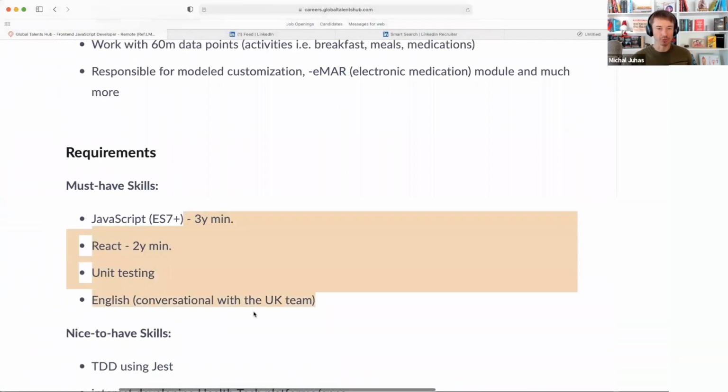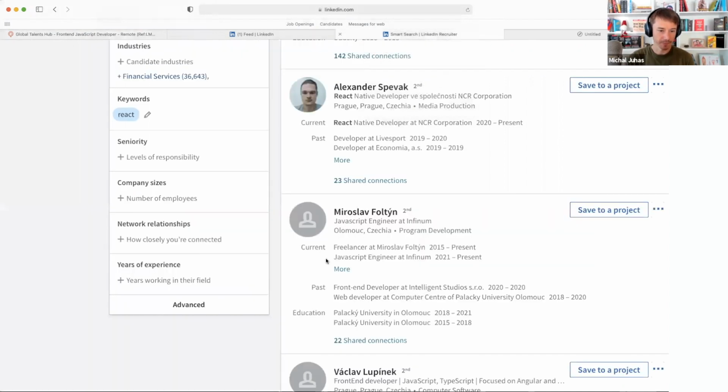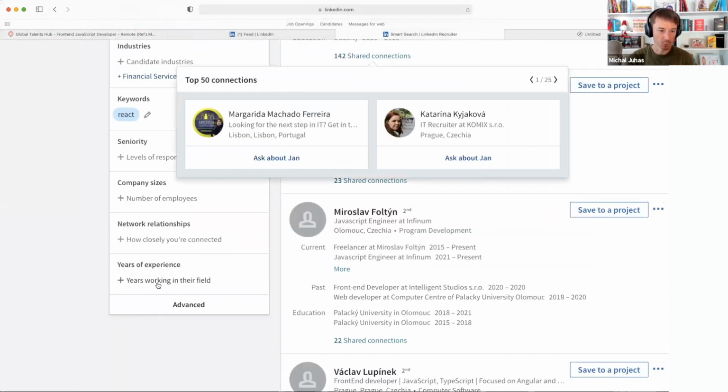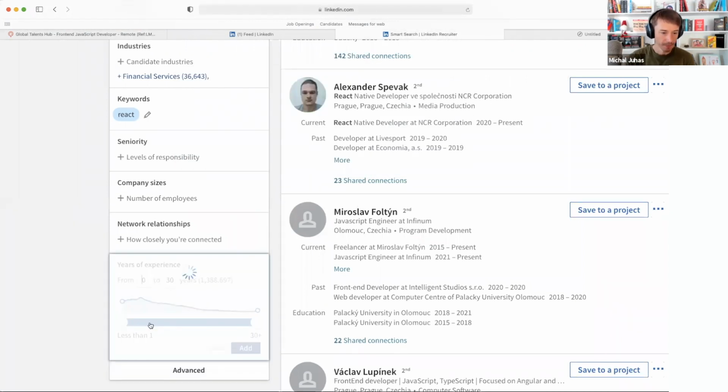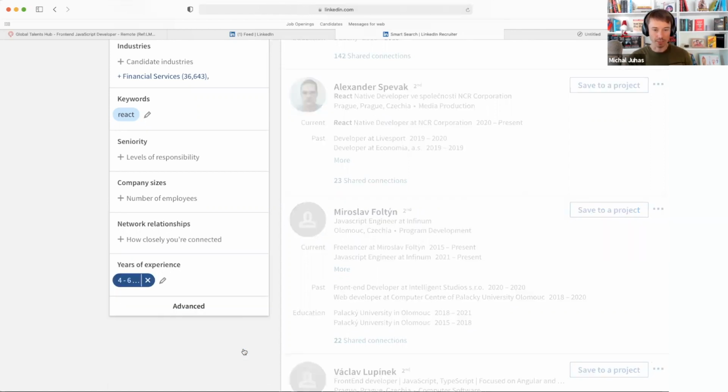But also not a senior, because the senior would not be interested in 40,000 euros per year. So we can look for someone with, say, 4 to 5 years of experience. I'll use 6, just because sometimes developers have some internships, and LinkedIn shows that as work experience also.